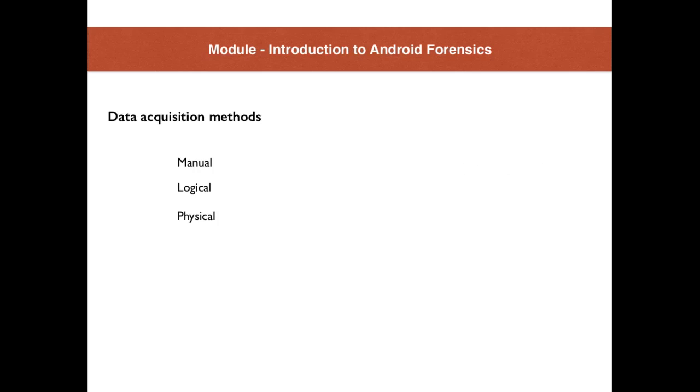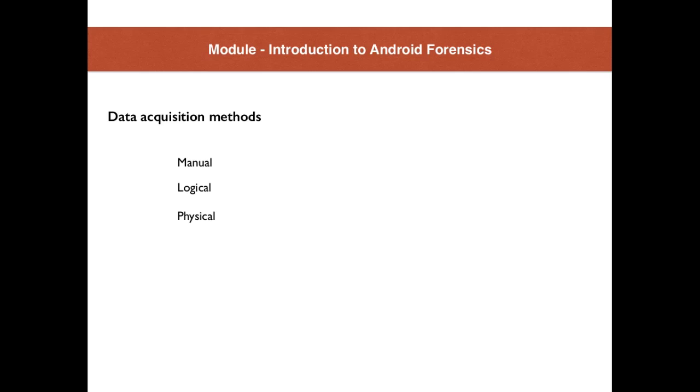Data acquisition methods are of three types: manual, logical, and physical. Sometimes we also include something called file system acquisition. In manual acquisition, we simply scroll through the entire device and take screenshots or videos of the device. In logical acquisition, we extract only active data, so we do not get deleted data.